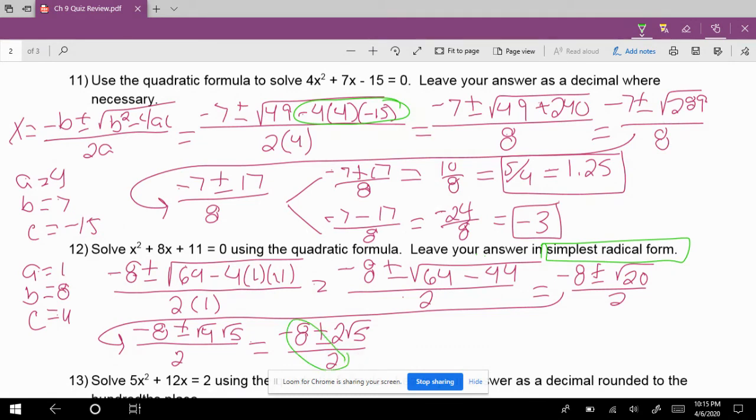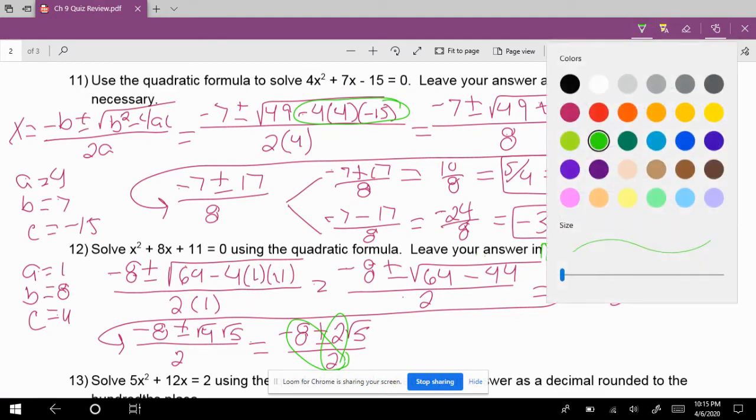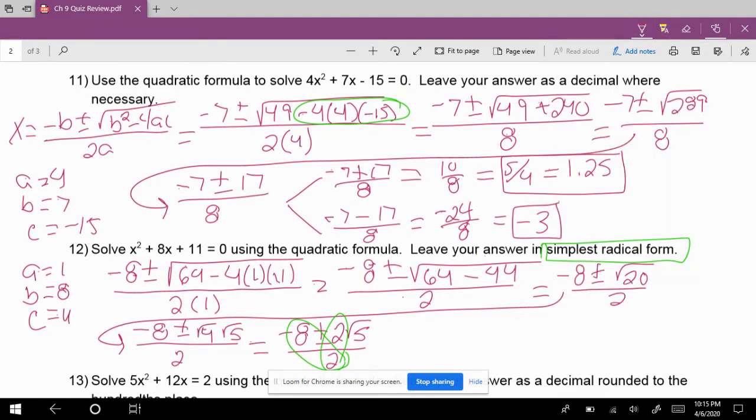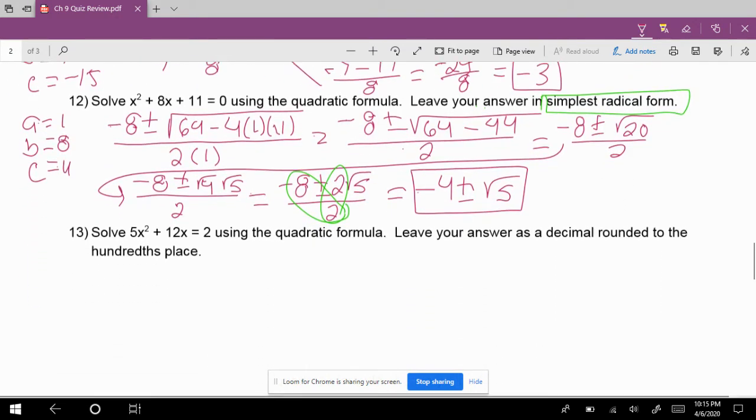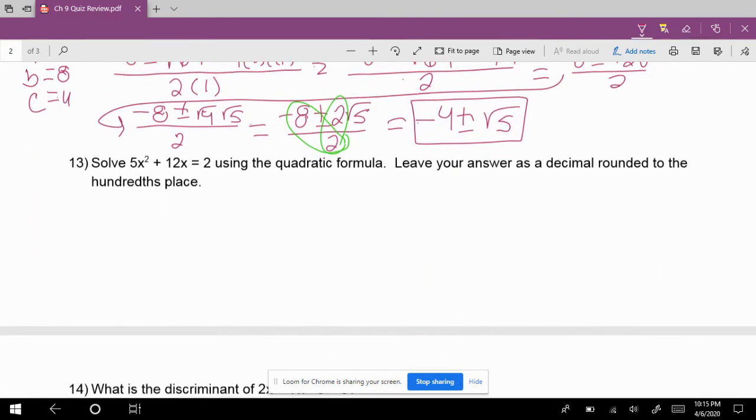It's going to divide everything not under the radical, okay? So I need to make sure I do that before I present a final answer. So negative 8 divided by 2 is negative 4, plus or minus 2 divided by 2 is 1, and you can choose to write the 1, or you can just do radical 5 because the 1 is implied. Okay, so that would be your answer for simplest radical form, and you'd have to type that one in.